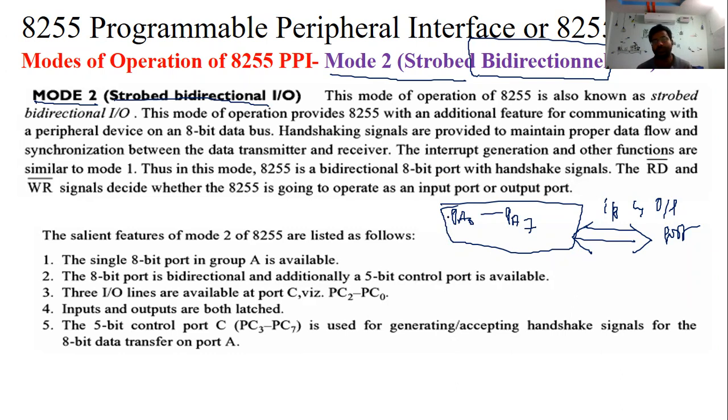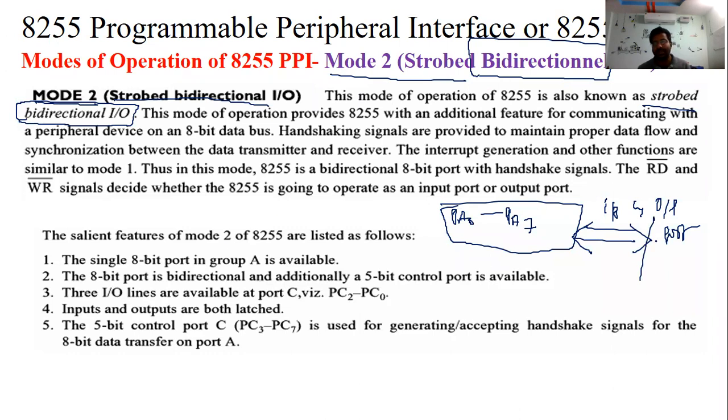In mode 0, three ports are available, port A, port B and port C, each either input or output. Mode 1 is also the same. But in mode 2, the same port works as both input and output at the same time.